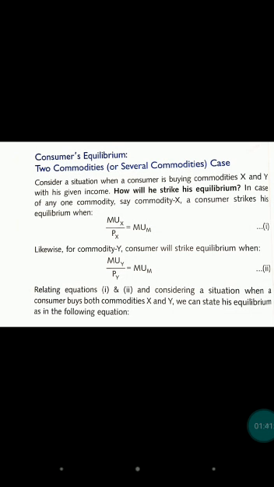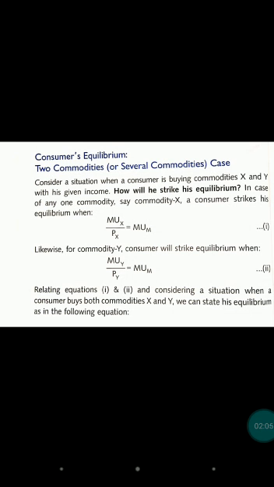Here, because we have two goods, X and Y, the condition is MUX upon PX equals MUY upon PY equals MUM.